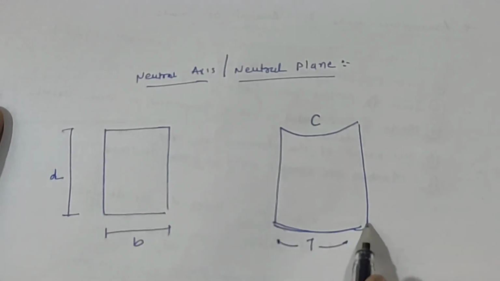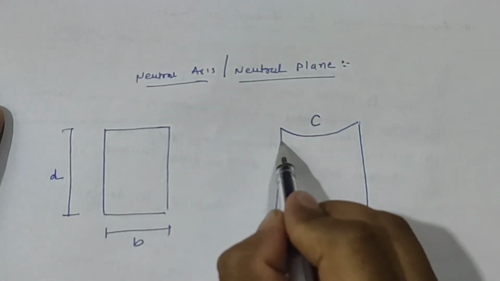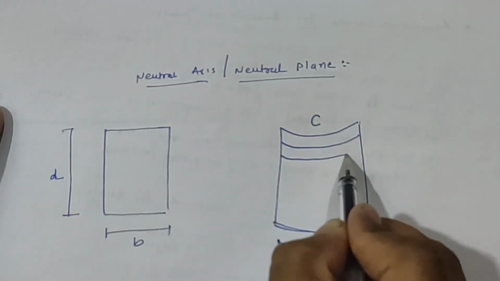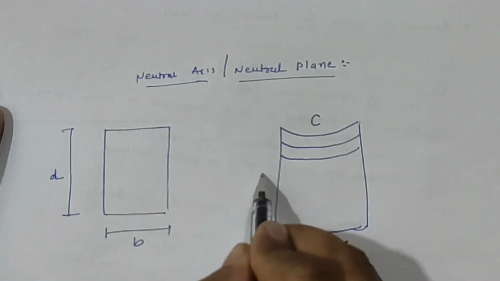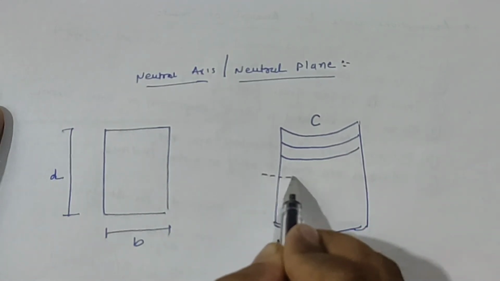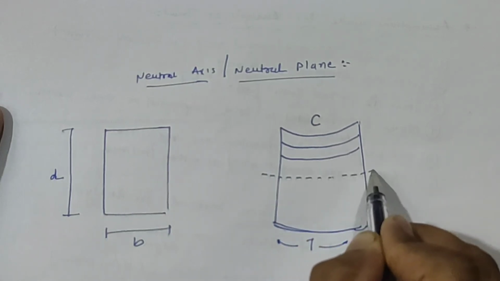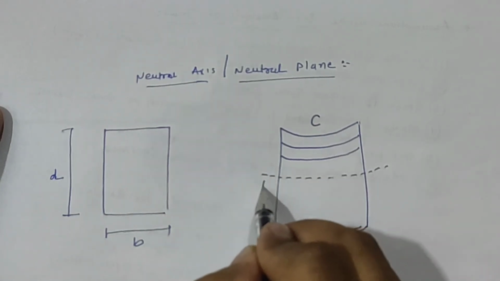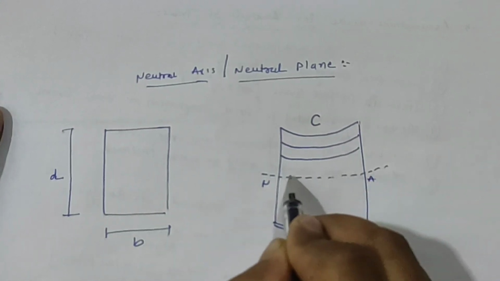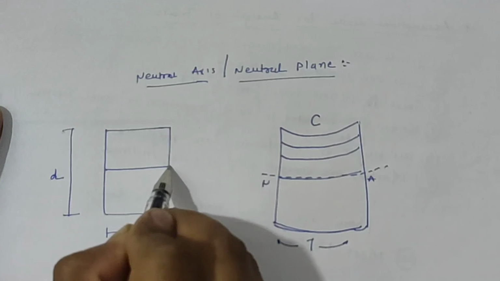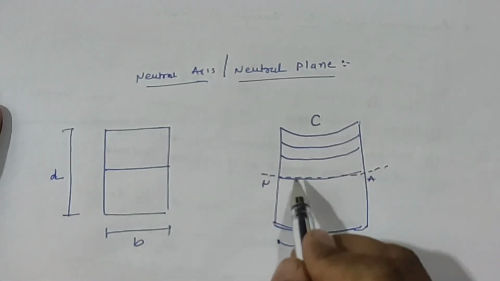According to the assumption, if we assume the independent layers as shown in the figure, the layer having zero compression or zero tension, indicated as a dotted line, is known as the neutral axis, where the compression value or tension value is 0.